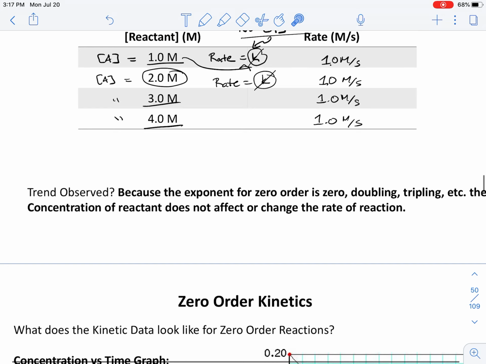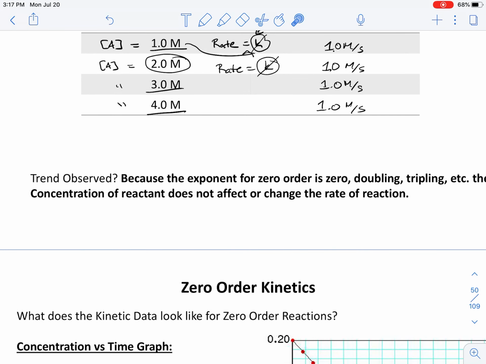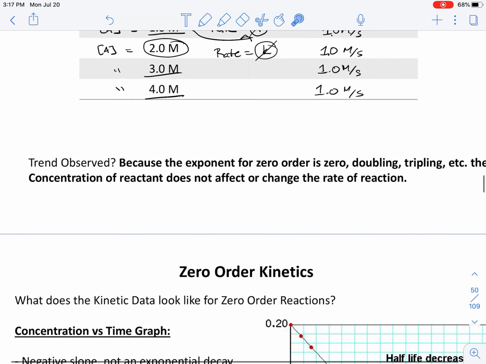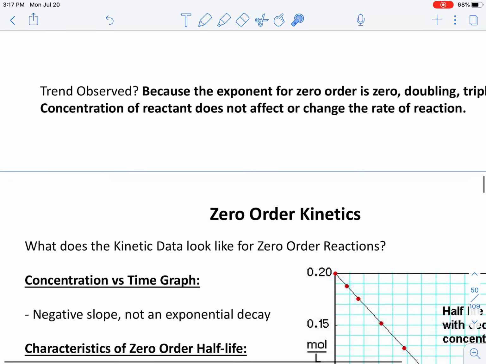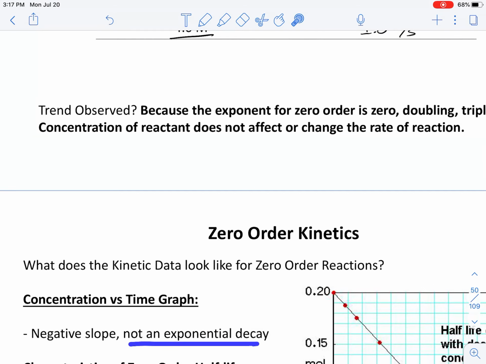Now, if we're taking a look at the kinetic data in terms of a concentration versus time graph, since zero order kinetics is independent of the concentration of reactant, what we get is not an exponential decay, rather just a negative slope.